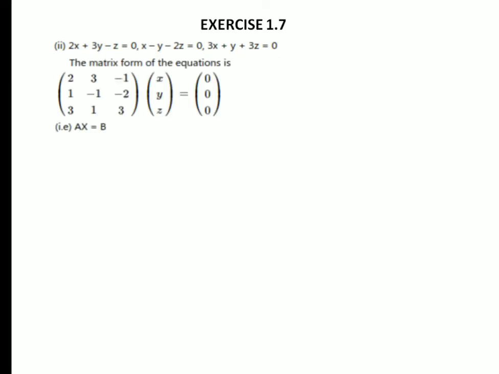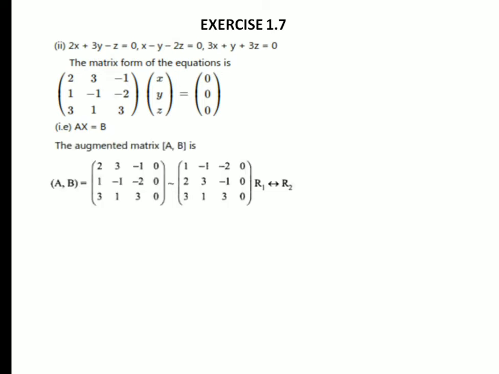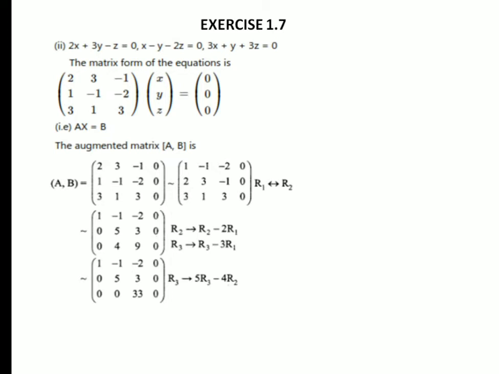Second question. You take it and write it in the matrix equation form AX = B. Then the augmented matrix. First you interchange row 1 and row 2. After that R2 minus 2R1, R3 minus 3R1. After that R3 changes to 5R3 minus 4R2.